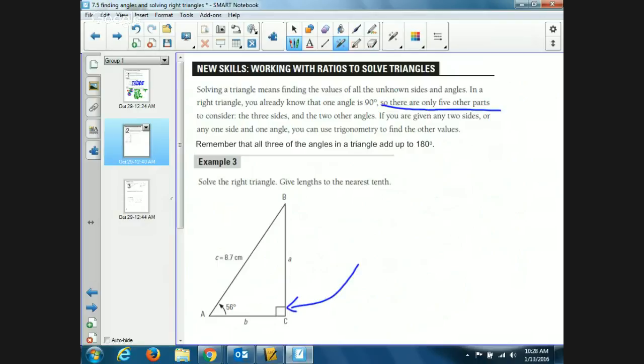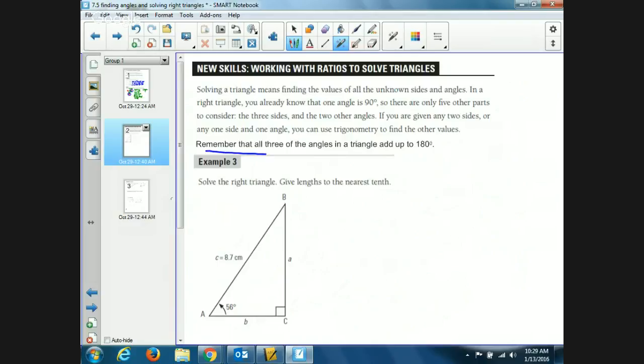So there's only 5 other parts to consider. 3 sides and 2 other angles. You can use trigonometry to find the other values. Also, you can use the Pythagorean theorem, a squared plus b squared equals c squared, to find the other sides.